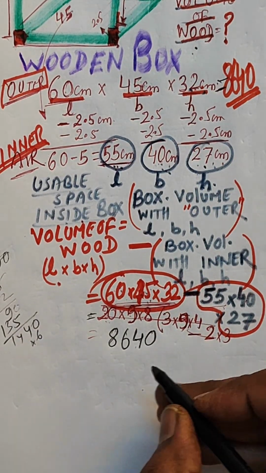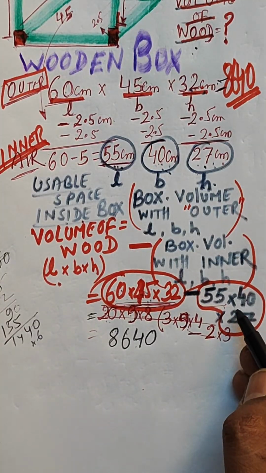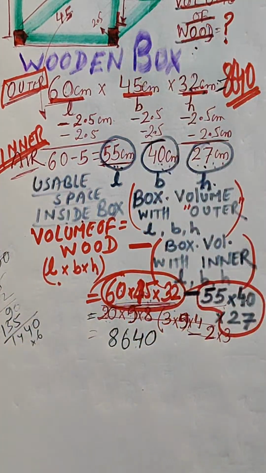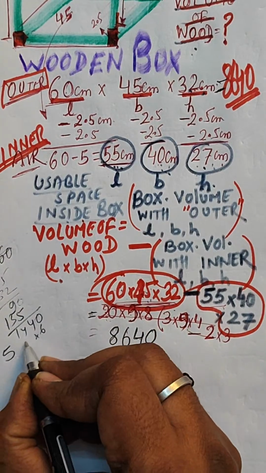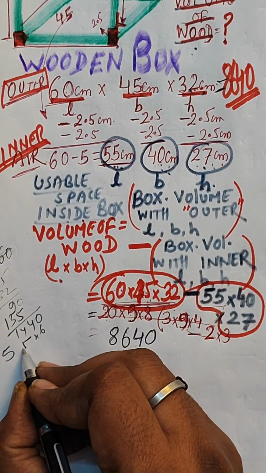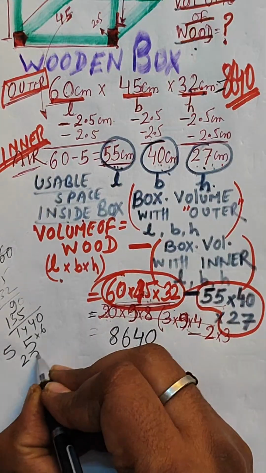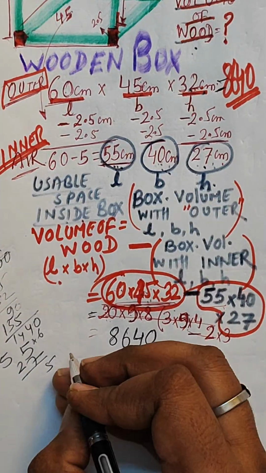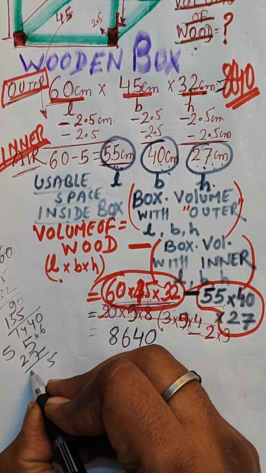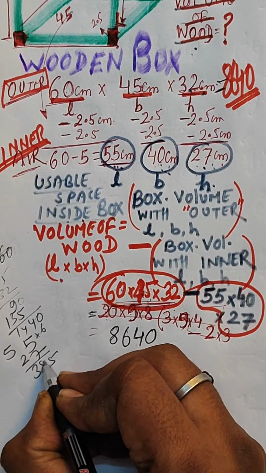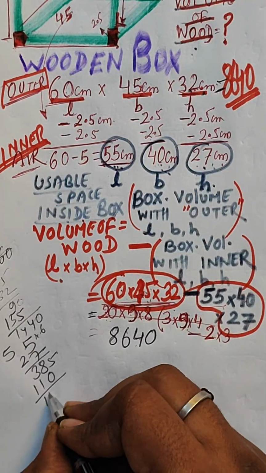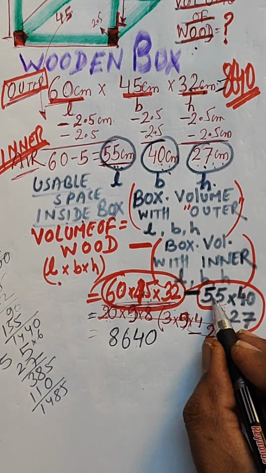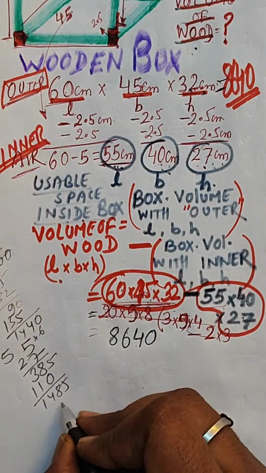And what is the volume of the box with inner dimension? That is 55 into 40 into 27. So let me do it. 55 into 27 is 385, so it is coming as 1485. 55 into 27 into 40.